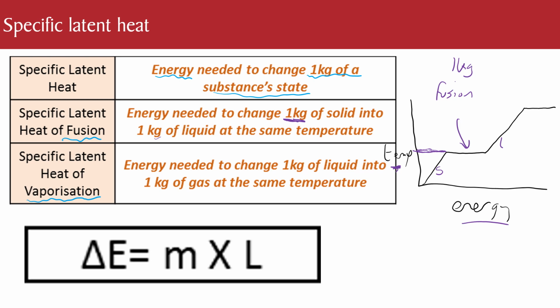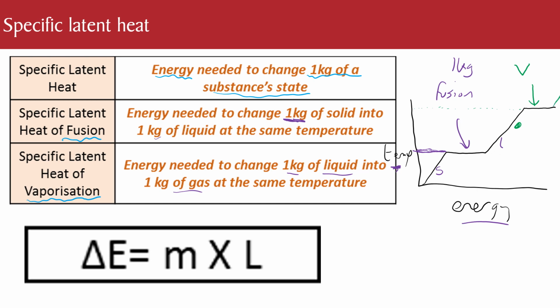The specific latent heat of vaporization is incredibly similar. It's the energy needed to change 1 kilogram of liquid into 1 kilogram of gas at the same temperature. So that is this flat bit here, and if you notice, it stays the same. That is the specific latent heat of vaporization. If you think about vapes, in a vape you've got a liquid, which is here, then you add energy to it and it turns into a gas.